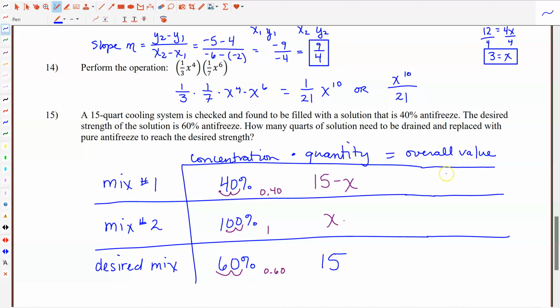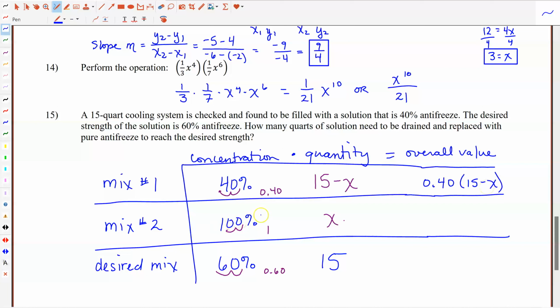So for this overall value cell, it's going to be its concentration, 0.40, times its quantity, which is 15 minus x. Since the quantity has more than one term, we need to keep it inside a set of parentheses so all that information stays together.